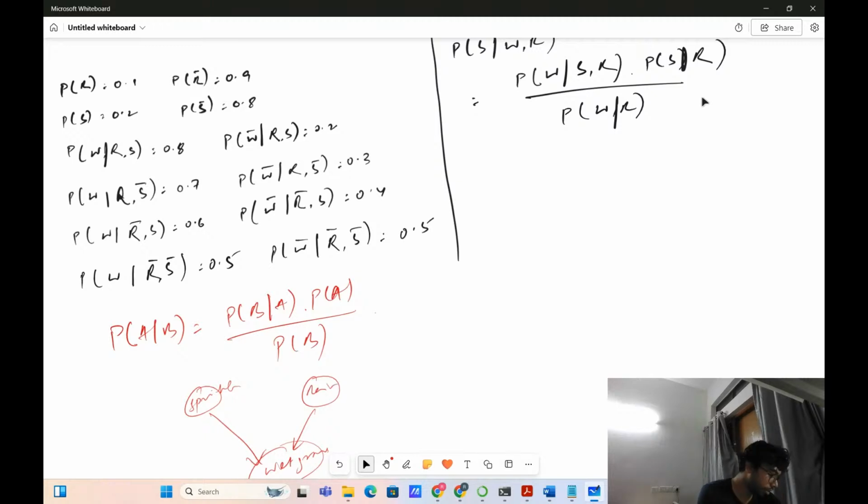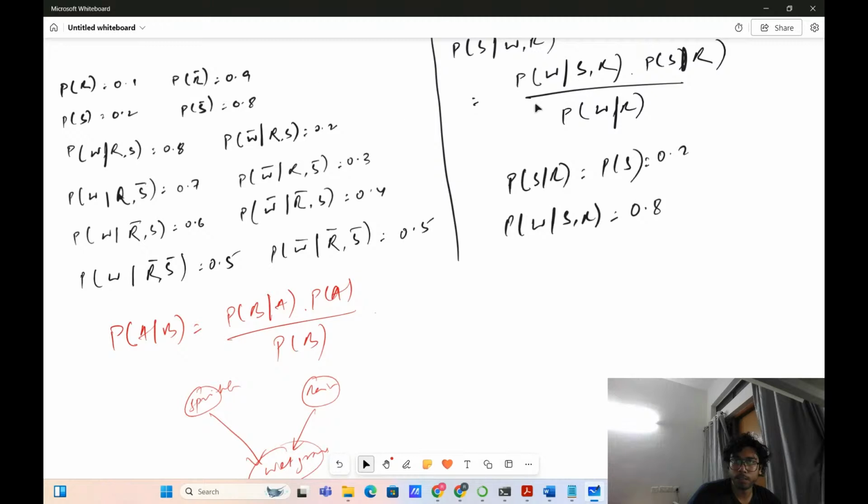Basically, rain and sprinkler are not connected by any node, so they are independent of each other. So for independent events, P of S given R would be equal to P of S. Okay. So P of S given R equals P of S. And what is P of S? It's 0.2. P of W given S and R is given here, which is 0.8.